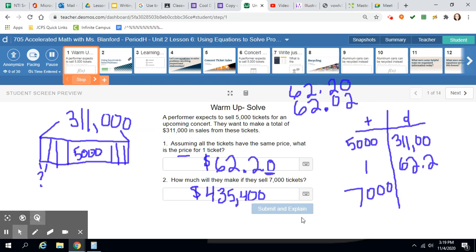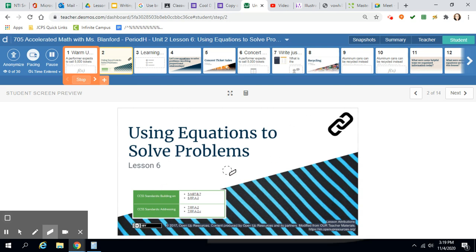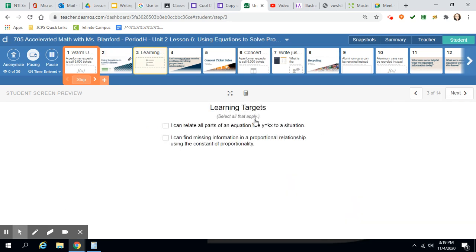Okay. So let's take a look. We're going to be doing problems like this today and analyzing them. Notice it says we're going to be using equations to solve problems. And our learning targets today, you can check these off based on what you already know.